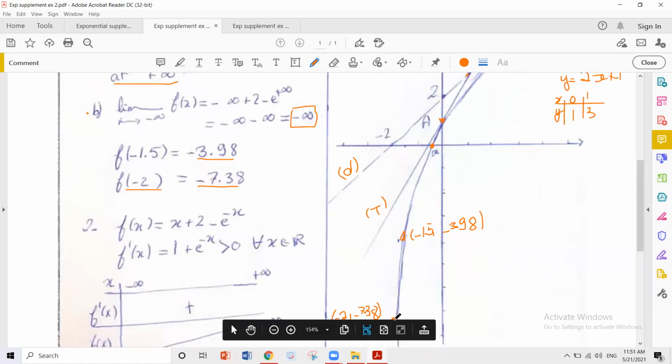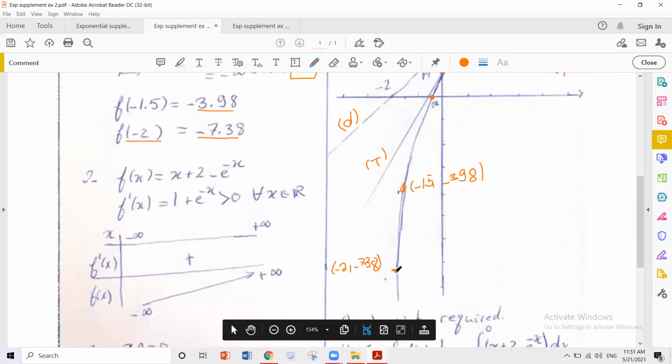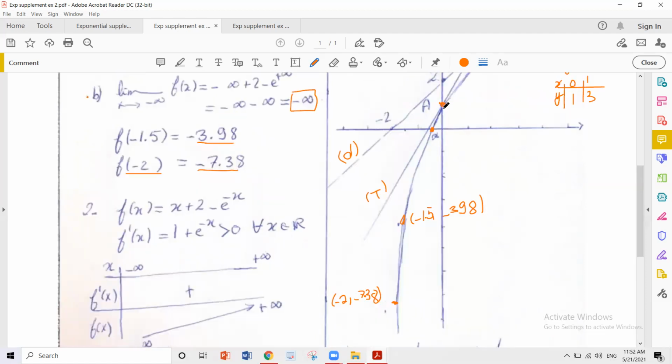The curve is increasing. We have particular points: -2, -7.38; -1.5, -3.98; alpha, which is between -0.5 and -0.4.